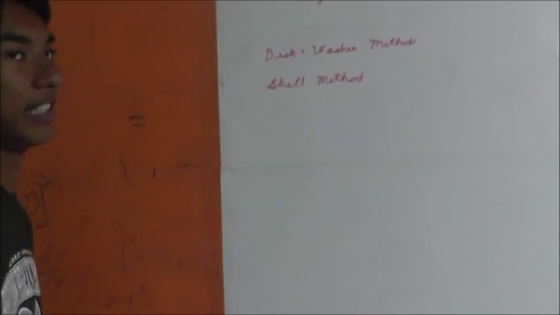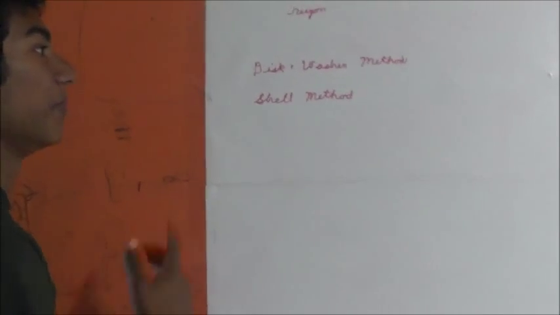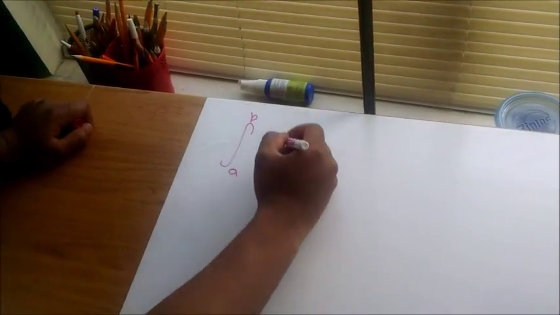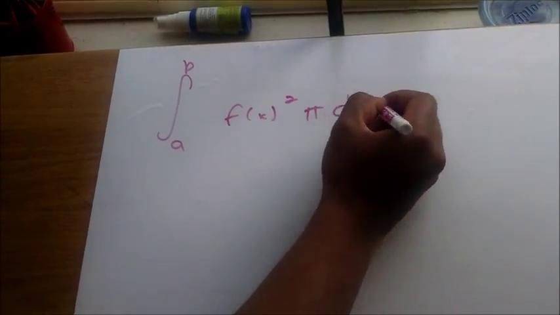You'll see that these names match up with some of the techniques that you'll be using during the method, so that makes it easier to remember. The formula for the disk and washer method is basically taking the integral from a to b of f of x squared pi dx.